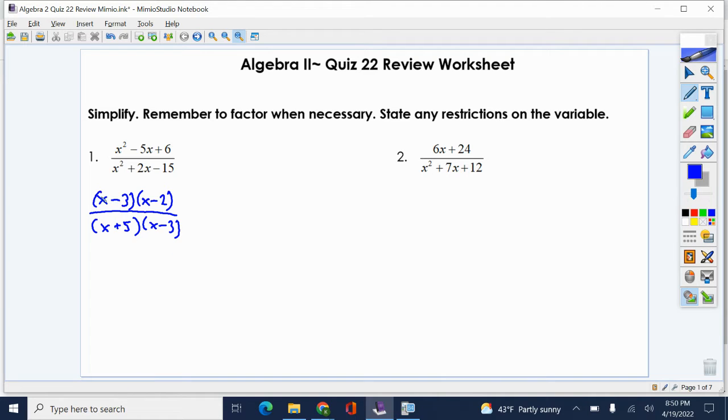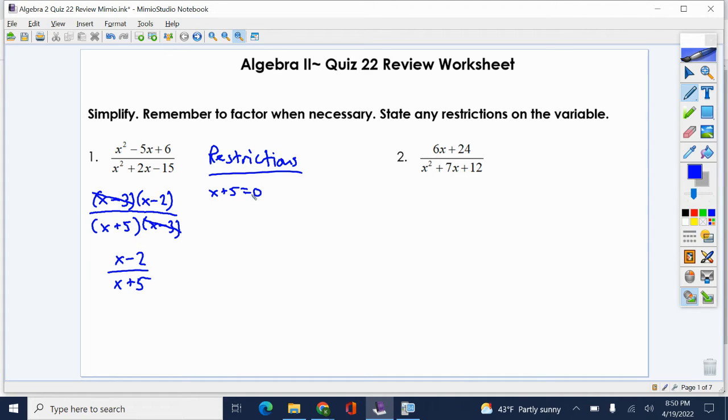Let's see, then x minus 3 divided by itself on the bottom will divide to 1. So I'm left with x minus 2 over x plus 5. Notice in the directions to state any restrictions on the variable. Your restrictions, each of these need to be considered.